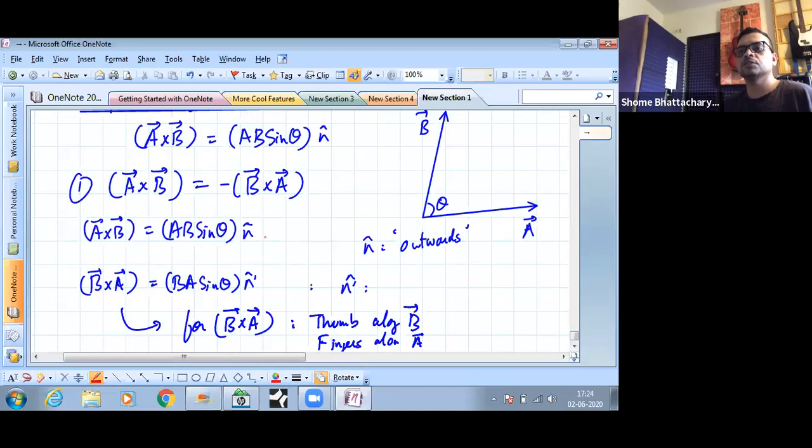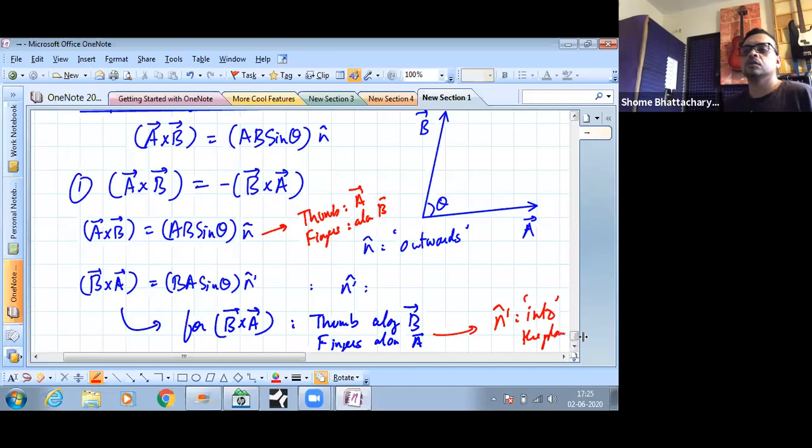For A cross B, you are putting thumb along A and fingers along B. That's why you are getting n cap outward. Now this time when you do this, your n prime cap will be into the plane. Just do it. Okay, so you place your thumb along B and your fingers along A, so it will be reversed. Okay, so that's why you can see that.